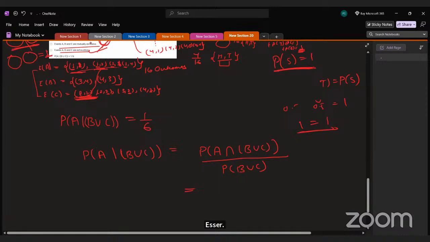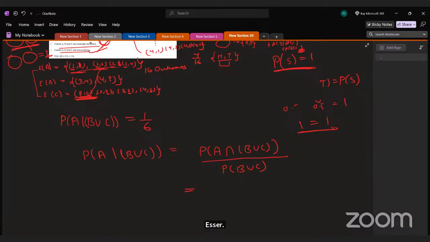Now we have got this. What is B union C? You will basically merge these two sets. Is it 6 by 16, sir? No, basically we are not doing the probability part here.